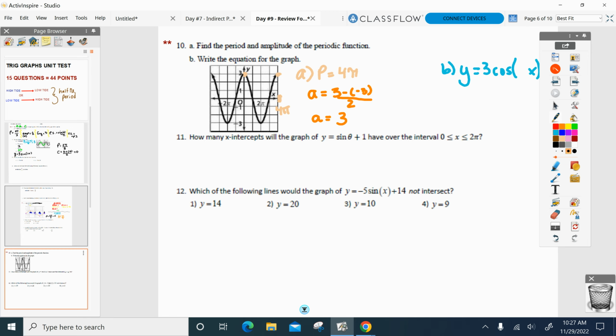Anybody got a B value? 1/2. The pi's cancel. 2 over 4 reduces to 1/2.